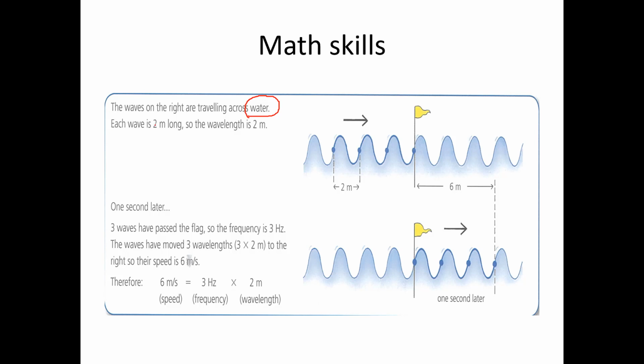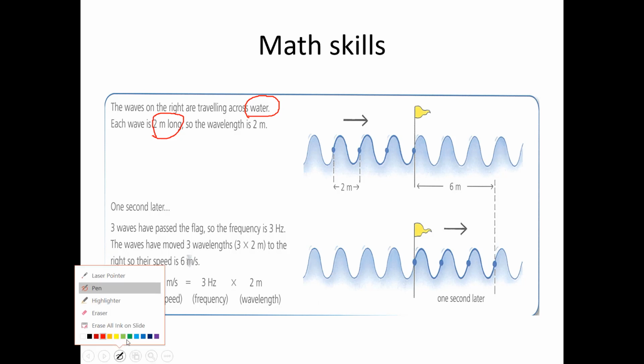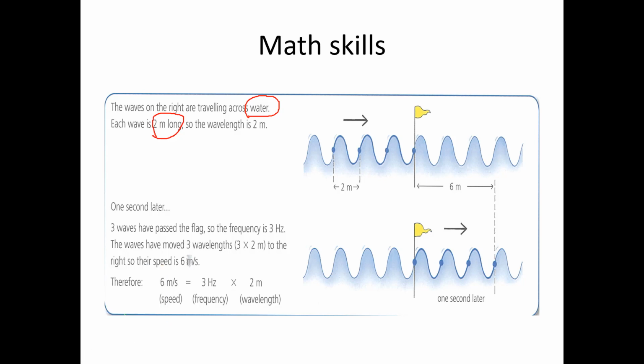Each wave is 2 meters long. What do they mean by it? They mean the length. The length of these waves is 2 meters. So the wavelength is 2 meters.